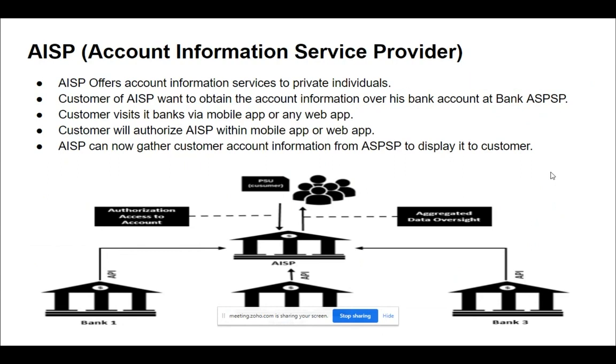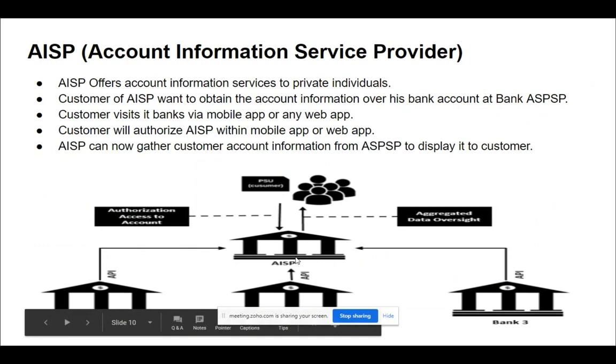So what is the advantage of implementing this case? Let's consider you are the customer and you have accounts in three banks. You will create a separate consent with each bank. Whenever you next come to any third party provider, which is the AISP, you will see all the bank account details at a single place.